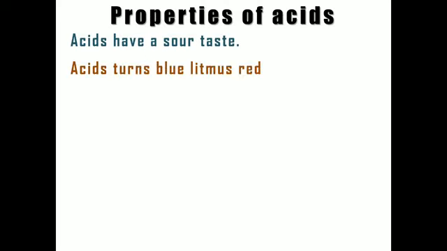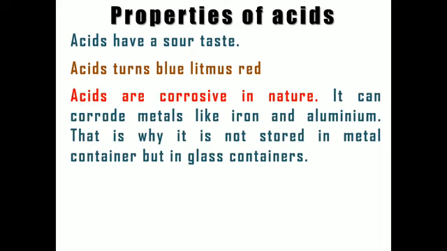Now let us discuss the properties of acid. Already we have covered some properties: acids have a sour taste, and they turn blue litmus paper red. We also discussed that acids are corrosive in nature, specifically mineral acids, and they can corrode even metals like iron and aluminum. That is why we generally store acid in a glass container.